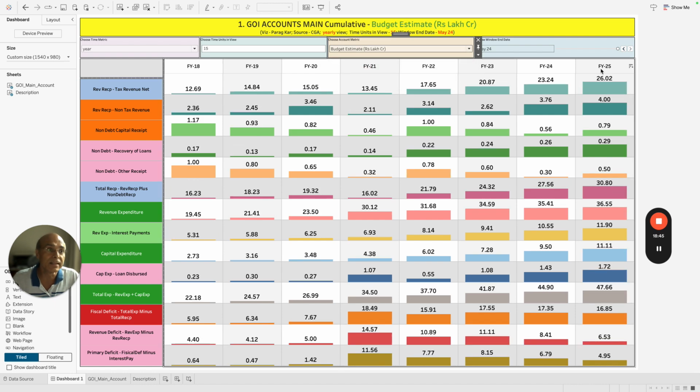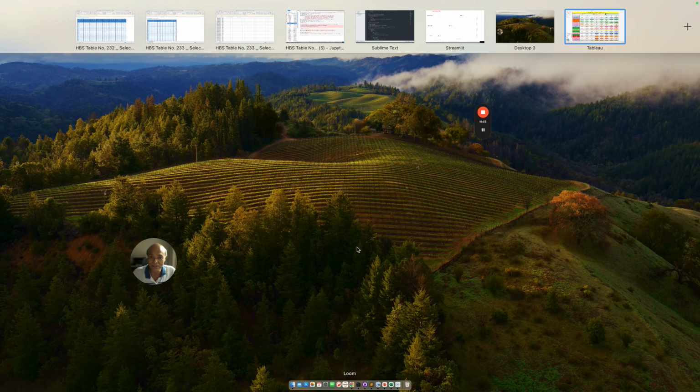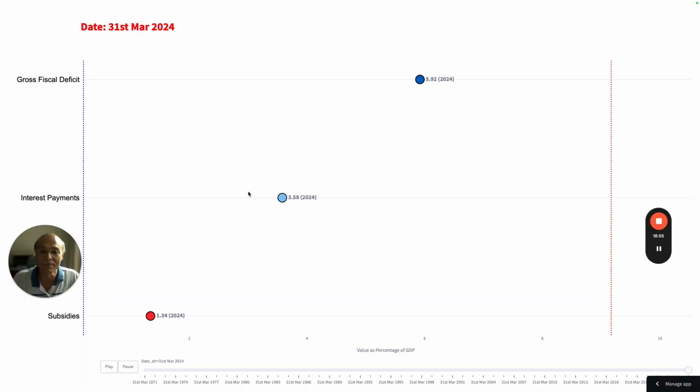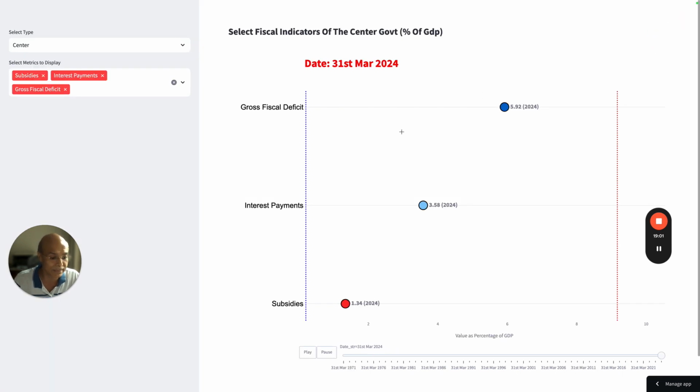In FY24 the interest payment is already 12 lakh crores out of a total budget of 47.66 lakh crores. So you can understand the kind of problem the government of India will face as far as interest payments are concerned. After having discussed this dimension, let's look at some other dimensions which are extremely important for us to understand.